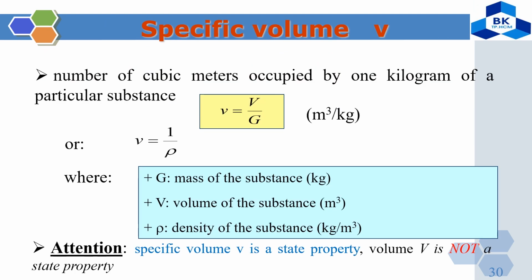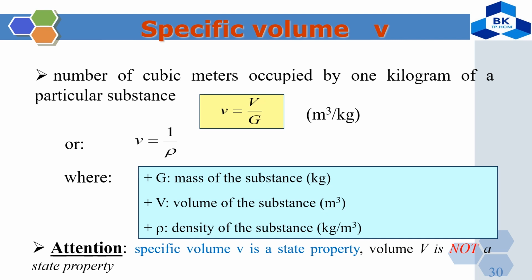Okay, the third property is what we call the specific volume. The specific volume is the number of cubic meters occupied by 1 kilogram of a particular substance. We have the small v will be capital V divided by m. Or if we know the rho, the density of the substance, the small v will be equal to 1 over rho.